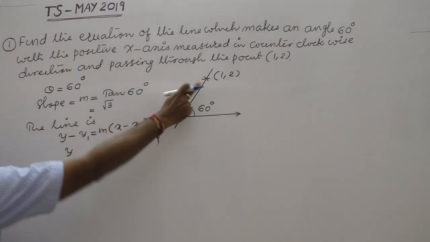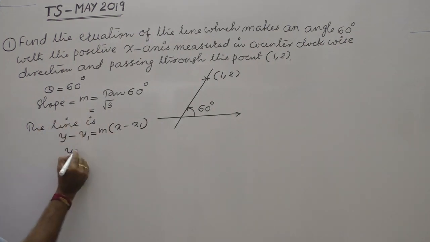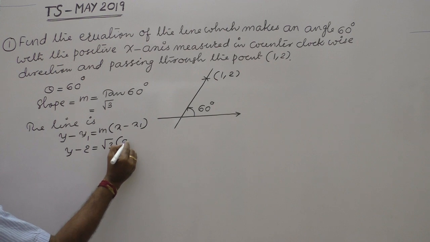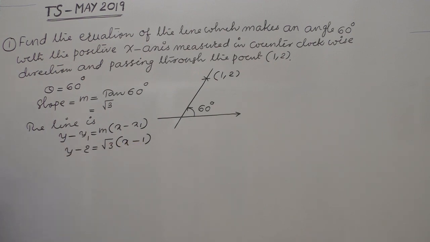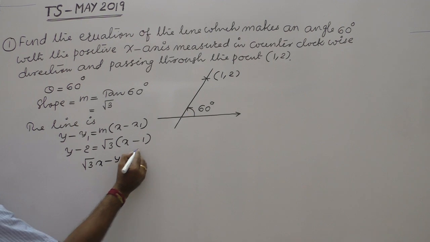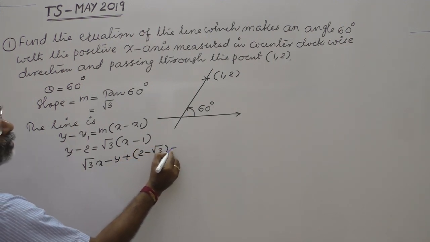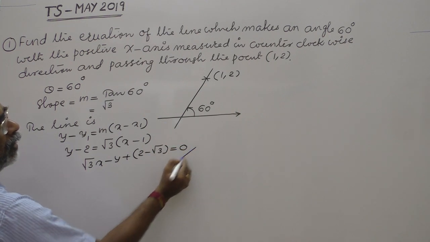This is the point and the slope is root 3. y minus y1, m is root 3, x minus x1 is 1. This is the line. We shall simplify this and write it in the general form. Root 3x minus y plus 2 minus root 3 equal to 0. This is the equation of the required line.